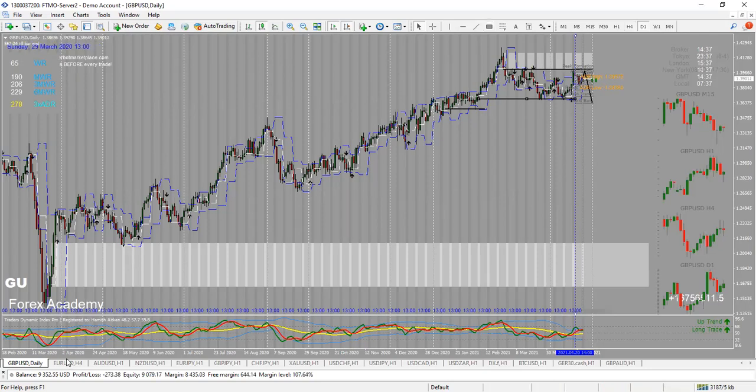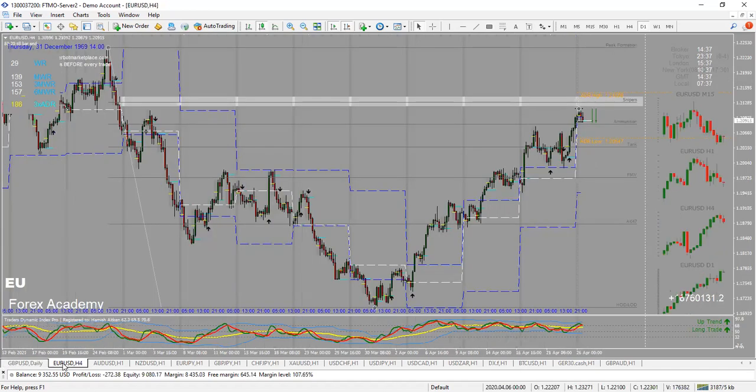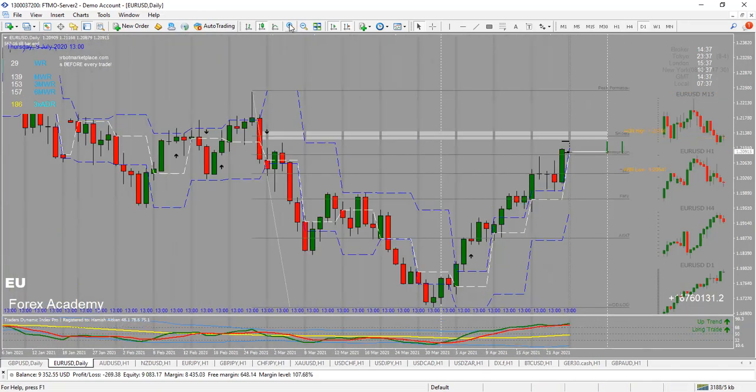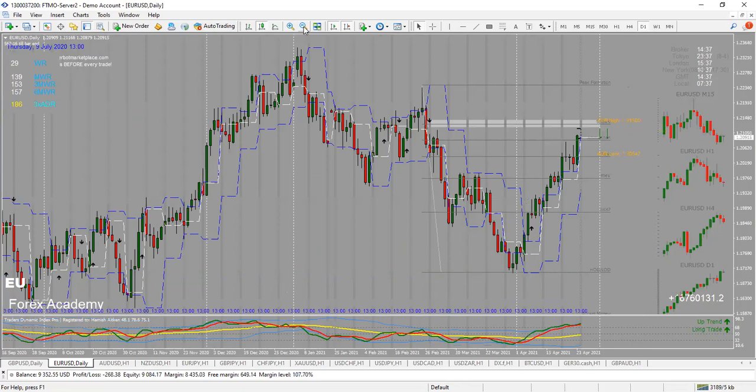Let me continue with EURUSD. On EURUSD, I will first open my D1 chart and then identify the three bar patterns that are active. We have 1, 2, 3.